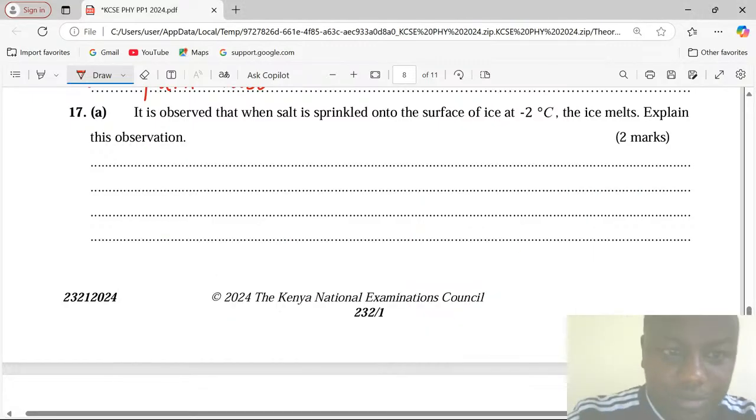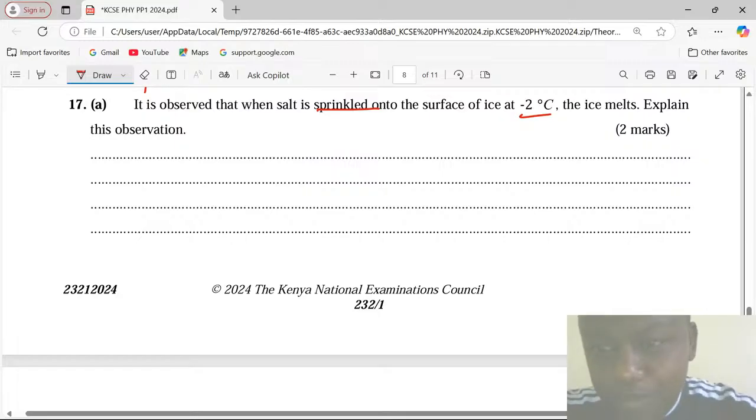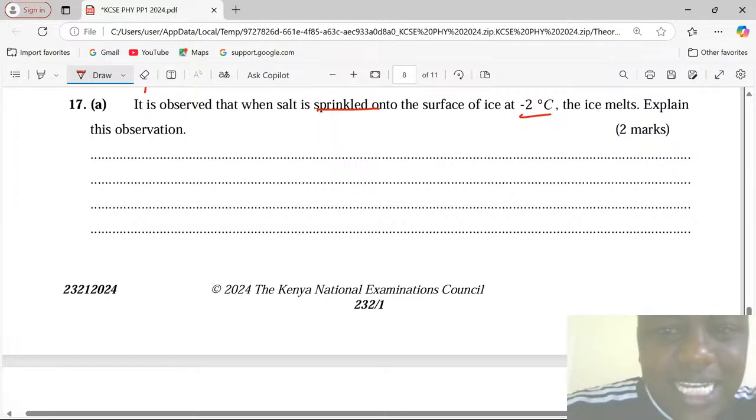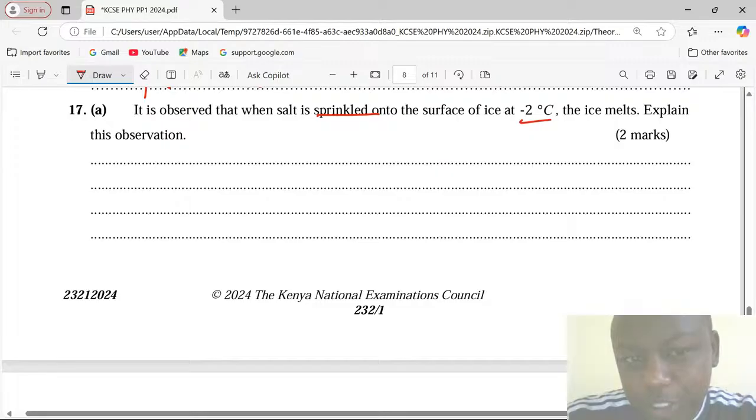Let's now continue. Number 17. It is observed that when salt is sprinkled onto the surface of ice at -2 degrees Celsius, the ice melts. Explain this observation. We all know that pure ice should melt at exactly 0 degrees Celsius. Therefore, we can see now with the sprinkling of salt, it can melt at a temperature slightly below 0.